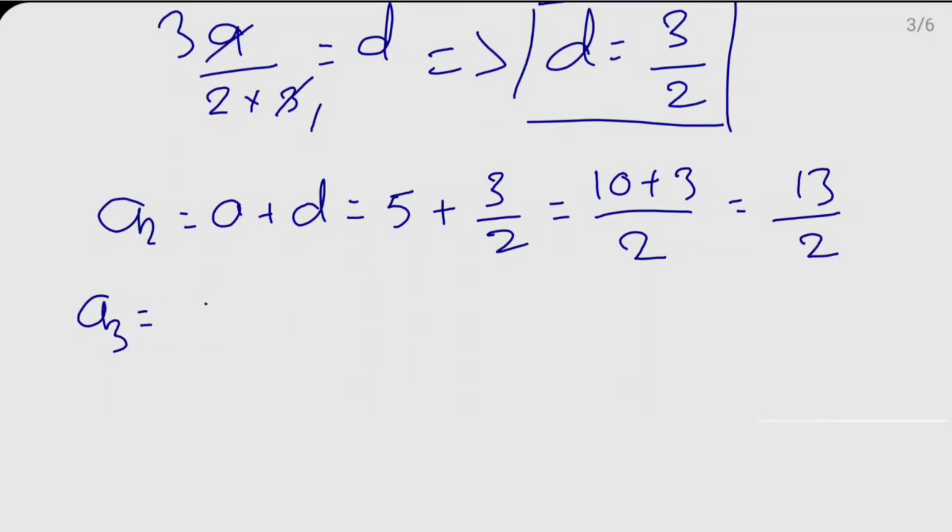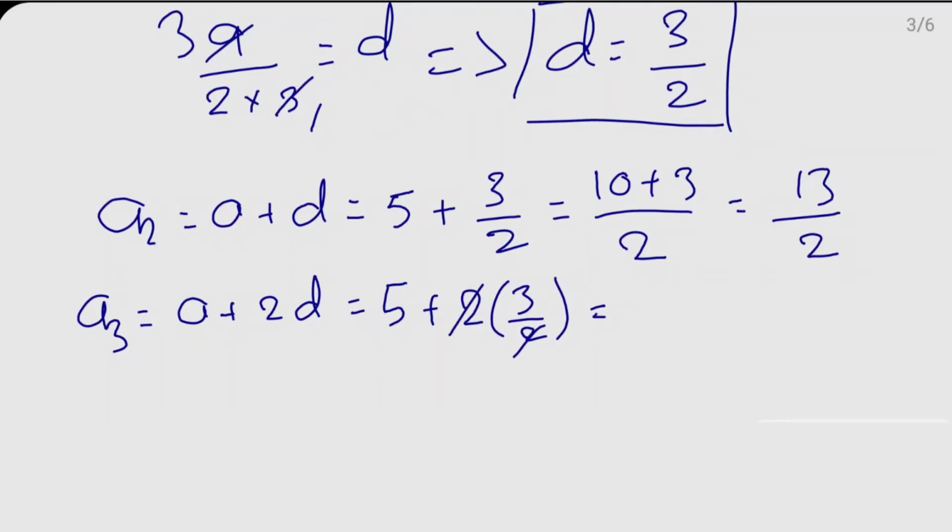So a3 is a plus 2d. So here a is 5 plus 2, d is 3 by 2. So now 2 gets cancelled. So remaining 5 plus 3. So 5 plus 3 is 8.